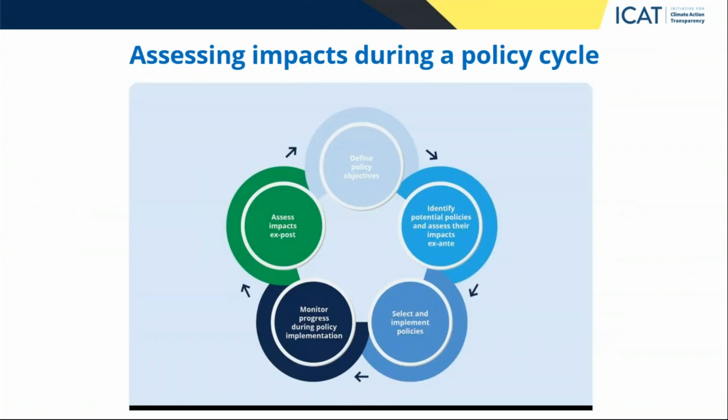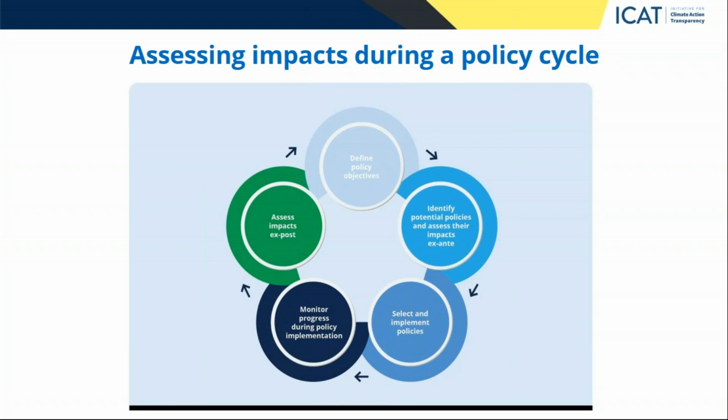When can the guide be used during the policy cycle? So let me illustrate this with this simplified diagram and start at the top. The guide can be used ex ante when defining policy objectives, when selecting a policy, and when designing the policy. So those are the light blue circles at the right-hand side.